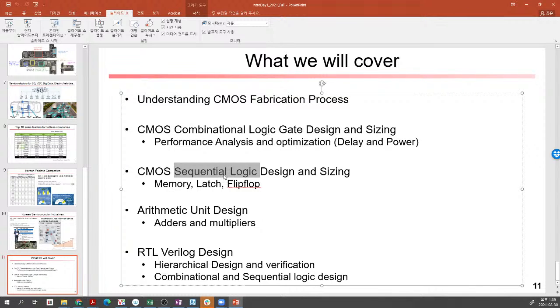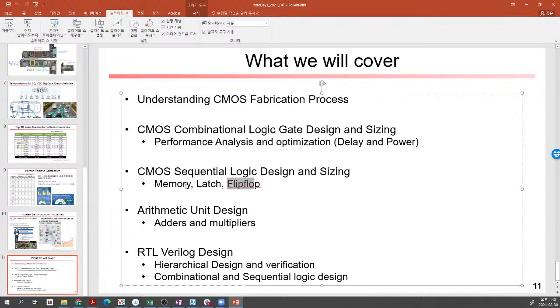But in the sequential logic case, it also depends on the history, the data history. So if you get the data for the current time, you will not always get the same output because it also looks at the previous history. That history is stored in the flip-flop or memory element.